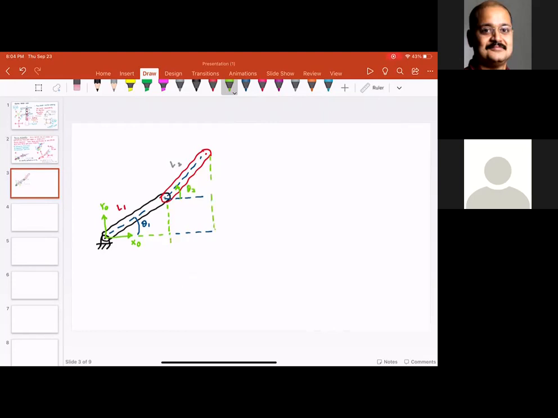So the end effector position is L1 cosine theta 1 plus L2 cosine theta 2. Here, this is L1 sine theta 1 plus L2 sine theta 2.